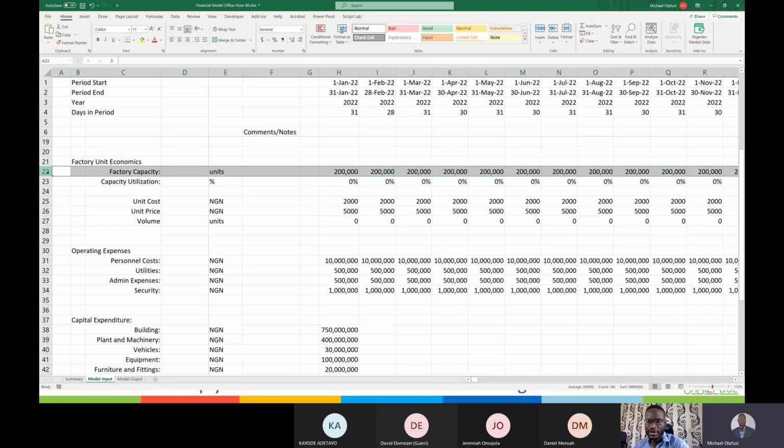The example we used last week, based on one of your suggestions, was to say this company is into toy creation. And then we decided the capacity of the factory is 200,000 units of toys. So that is what you are looking at here.